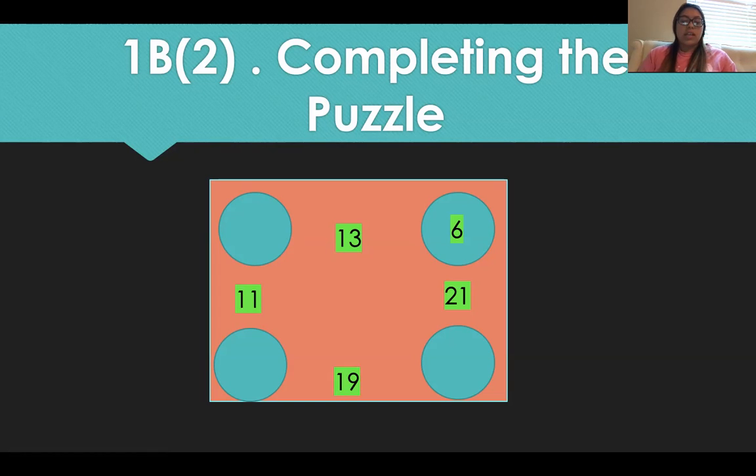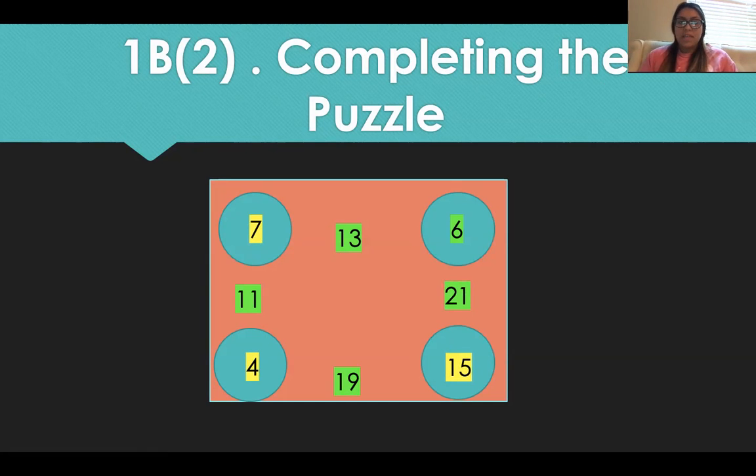Since we have the number 6, we can start from there. So what plus or minus gets us 21? The number would be 15. Now, what plus or minus gives us 19? The answer is 4. What plus 4 or minus gives us 11? The answer is 7. Now we can see that the puzzle is completed.